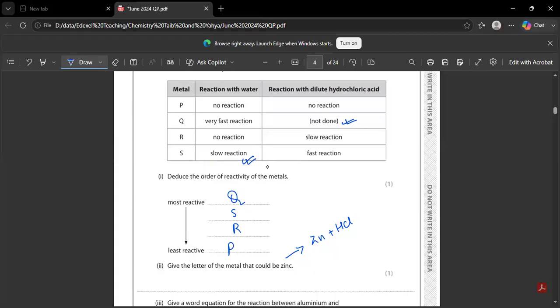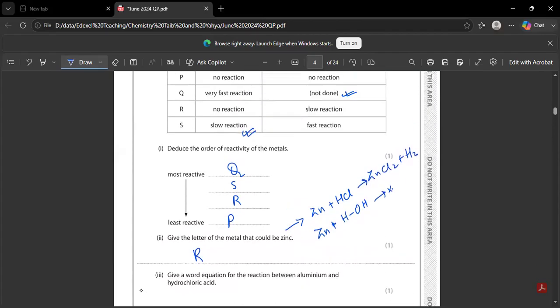Zinc doesn't show reaction with water. Therefore, it has to be R, and it reacts slowly with the HCl.